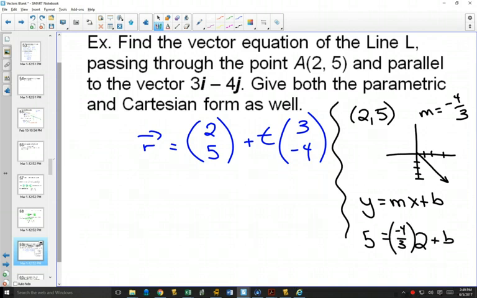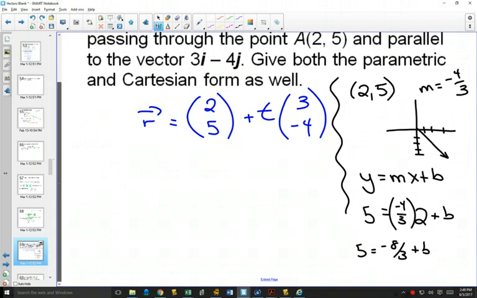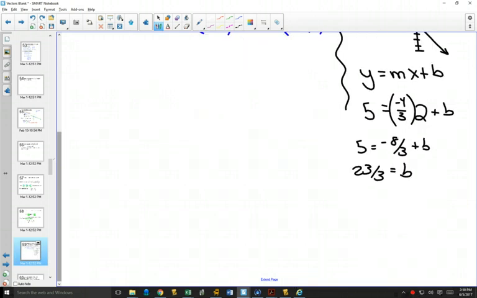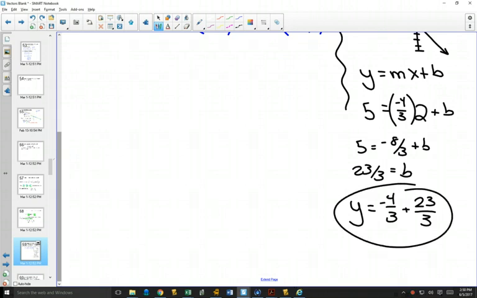If we put all of the things that we know into that equation, we could rearrange it. You would get 5 equals negative 8/3 plus b. Add the 8/3 to the other side, and you get 23 over 3 equals b. So there's our equation of our line in y equals mx plus b form.